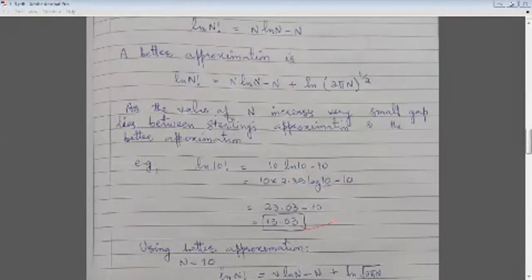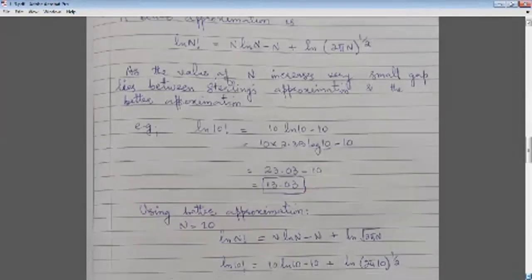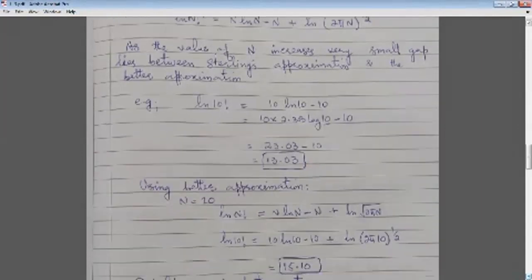Now we will use a better approximation here. The better approximation is ln n factorial equals n ln n minus n plus ln of the square root of 2 pi n. When we put the values here, you can use a scientific calculator or a simple one. It is very easy.